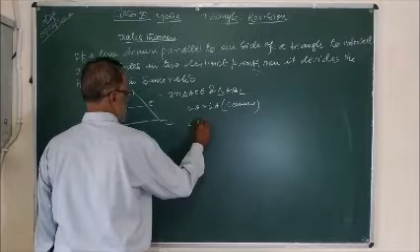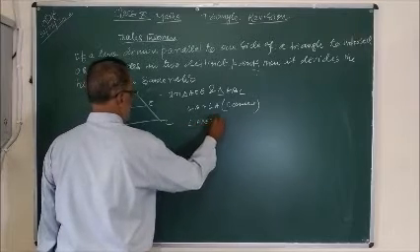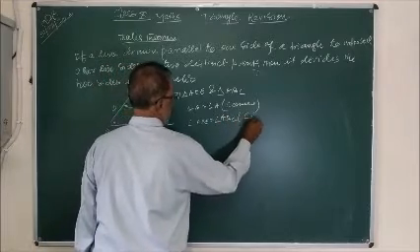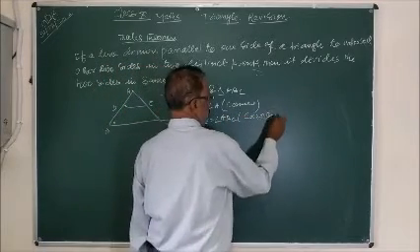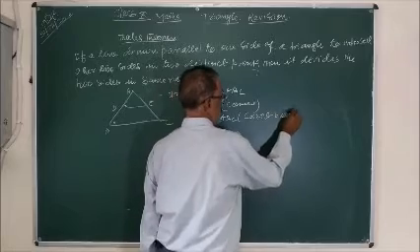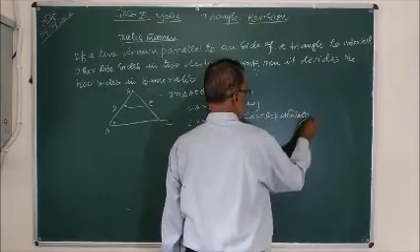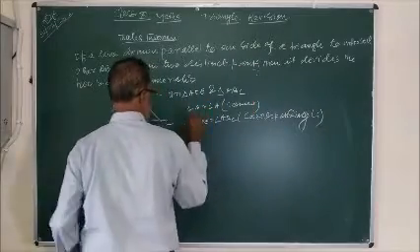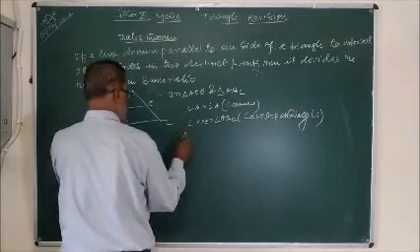Angle ADE is equal to angle ABC, corresponding angle. You have learned when two parallel lines are cut by a transversal, each pair of corresponding angles is equal. So two angles are equal, therefore the triangles are similar.